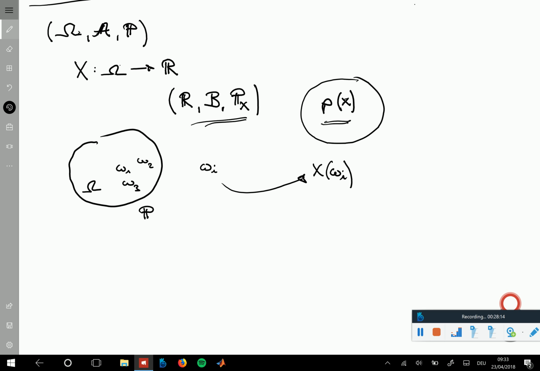So the values that the random variable takes on also appear random, because this was random. But they are random in a way that we can reconstruct if we know what the function does and what the underlying probability measure was. And this way of reconstructing what's actually going on is called the probability distribution.